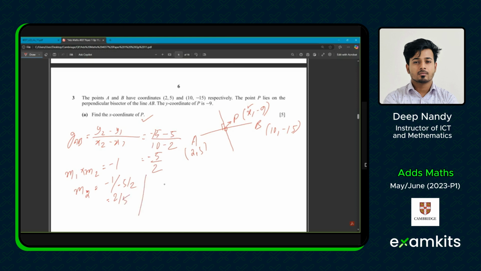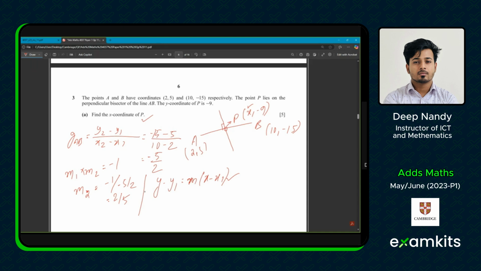Now, forming the equation, y minus y1 equals m times (x minus x1). We're going to need this equation to find the equation of that. Now, we know the perpendicular gradient here, we know the point.